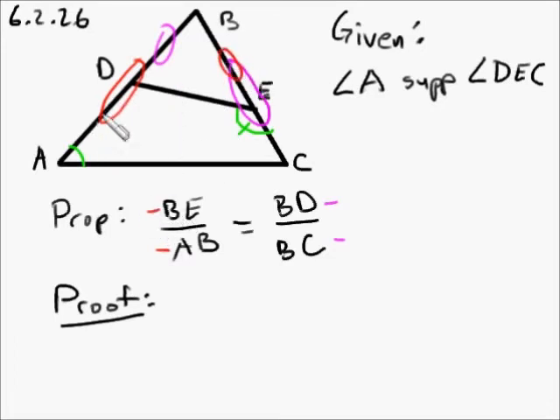So it looks like we're going to have to do some similarity. This form right here is a dead giveaway. We're going to look for similar triangles. And it looks like this angle A should be congruent with angle DEB. Can we show that? And the answer is yeah.